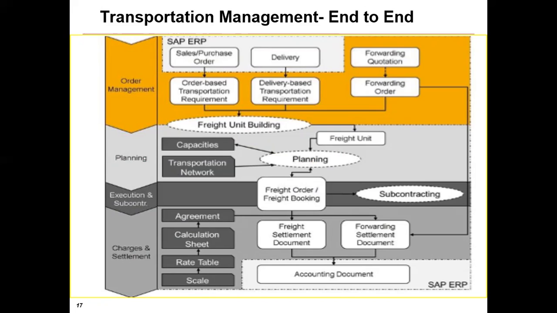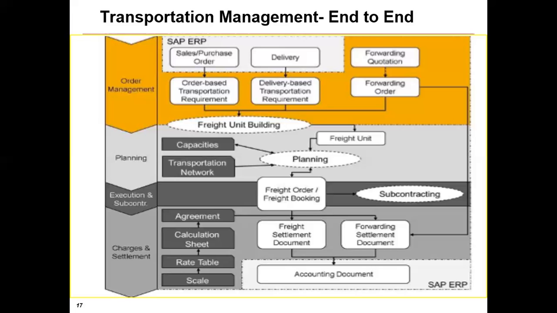Also we have figured out the formulation of forwarding quotation, then forwarding order, which is integrated to the freight unit building part and forms the basis for the transportation planning. Then after transportation planning, the system proposes freight orders automatically, or we can create the freight orders manually. Both the options are there.